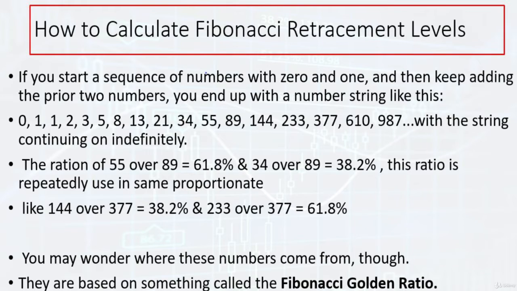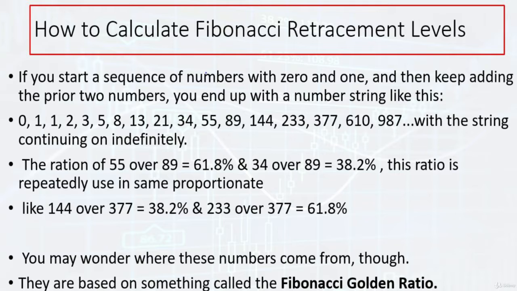As the image shows on your screen, you see a series which is formed by adding the previous data to the current data. Once we add the previous and the current, we identify the next level.